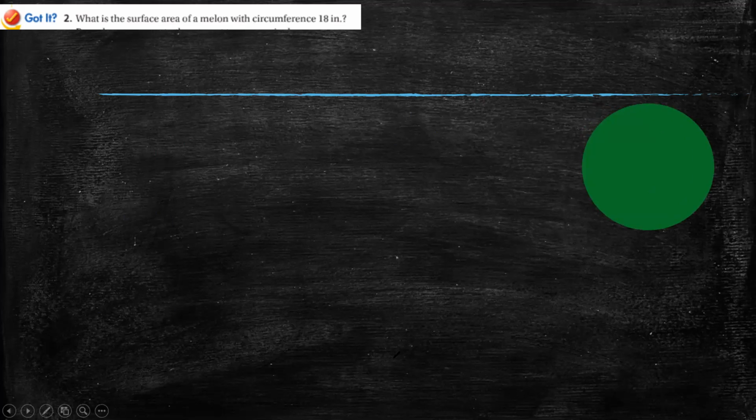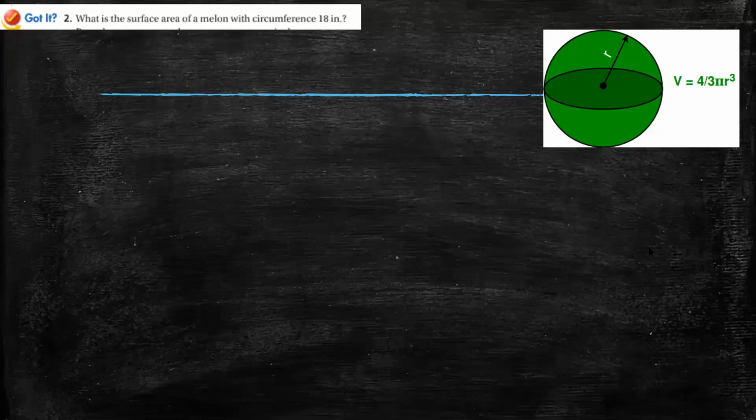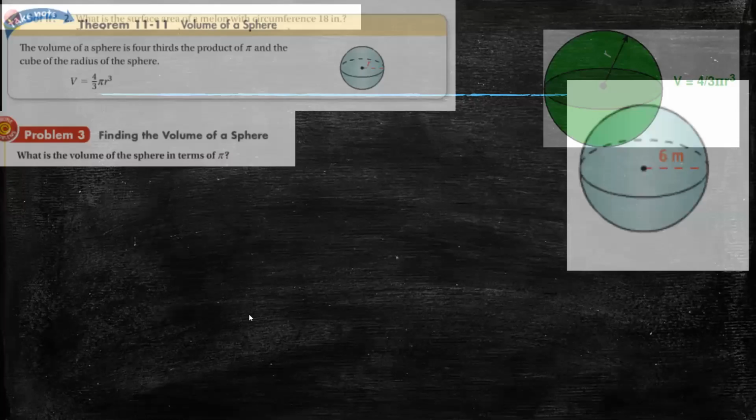What does it mean? They told me that the circumference of this melon, where's the circumference? This is the circumference.